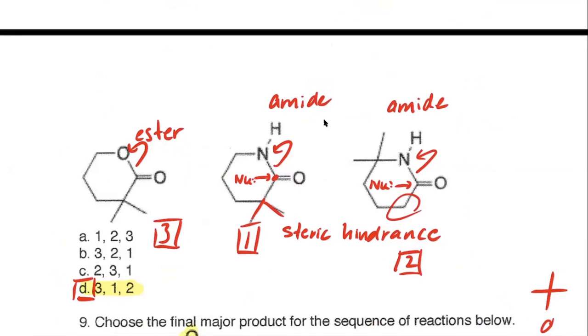And the reason for that is because you have a partial positive charge on that carbonyl carbon. Because think about the resonance structure that we can draw, where that pi bond goes onto the oxygen, and that would give a positive charge right there.